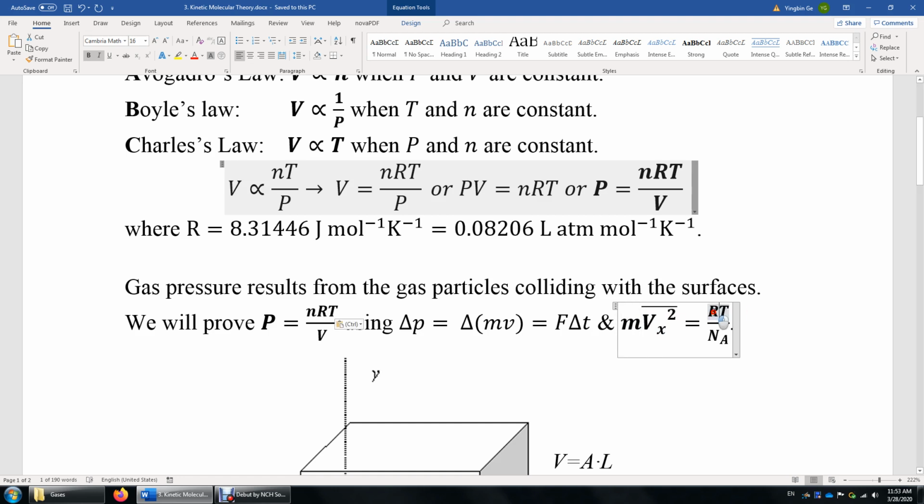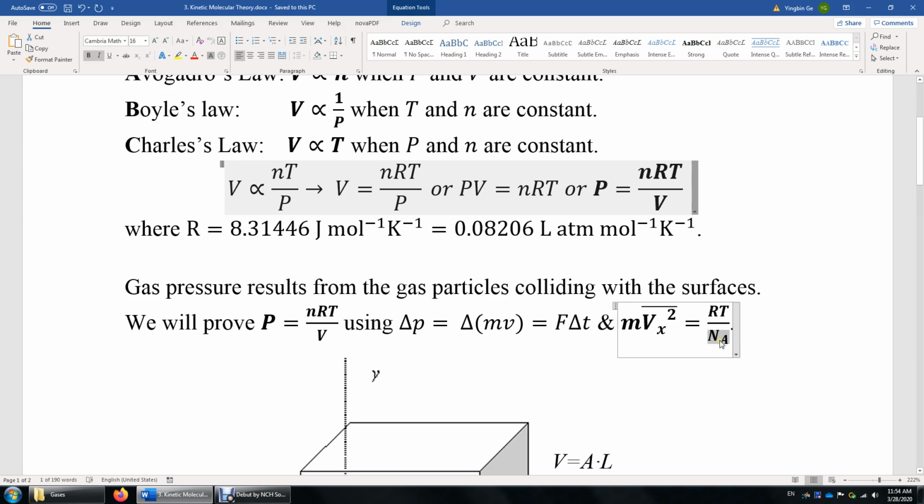And then R is the gas constant, T is the temperature, N sub A is the Avogadro constant. This is a huge number. N sub A is equal to 6.02214 times 10 to the power of 23 per mole.